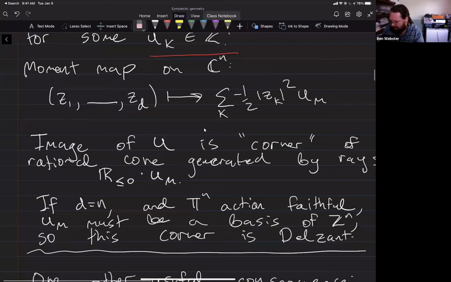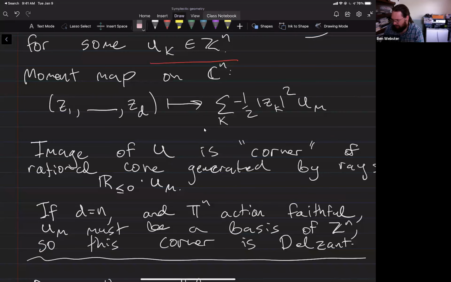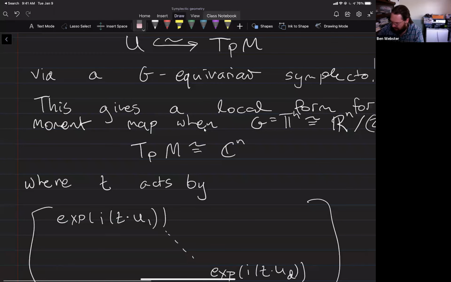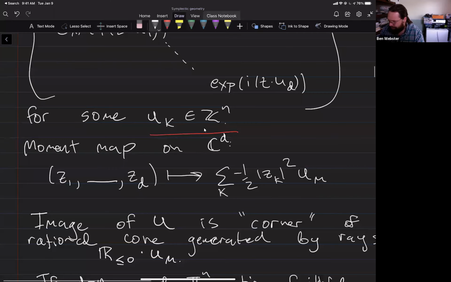And if you parse everything through, what's happening here is the moment map, oops, sorry, I messed up my indices here. This is on C to the D. And similarly, this is C to the D. I haven't assumed that my torus has half the dimension of my manifold yet.